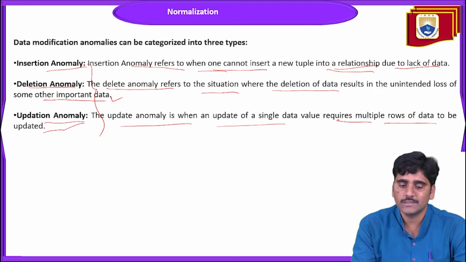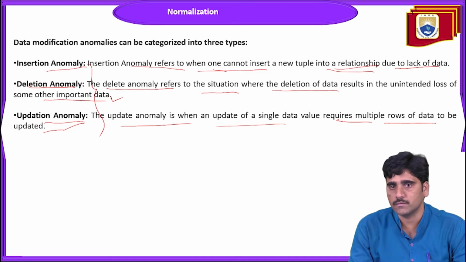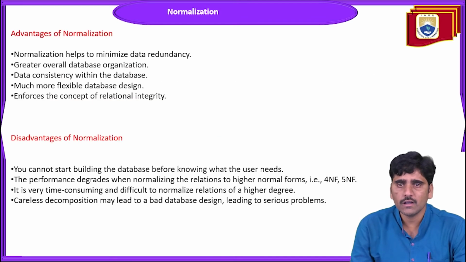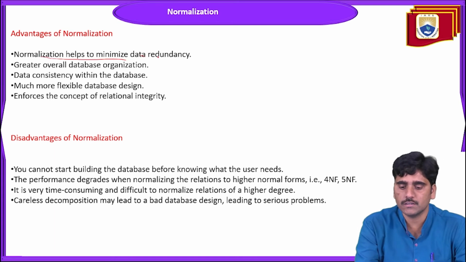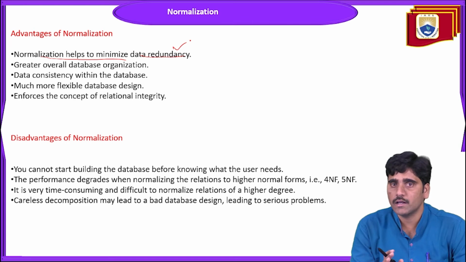We have to reduce all these anomalies, and to do that we use the concept of normalization. What are the advantages and disadvantages of normalization? By doing the normalization process, it helps to minimize data redundancy.